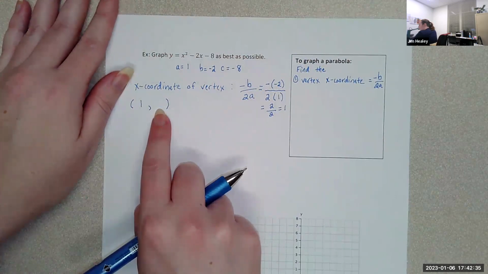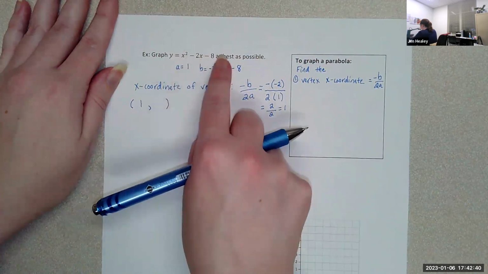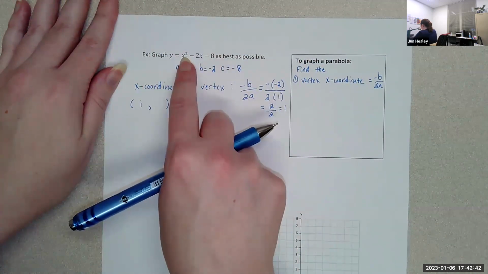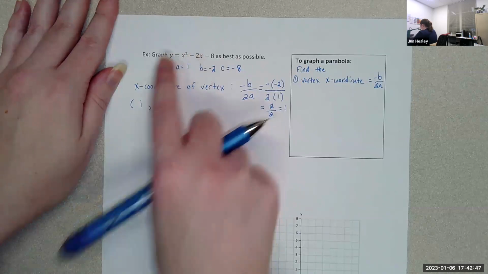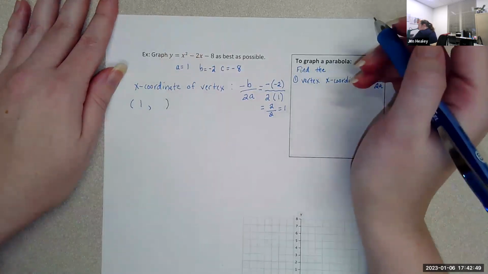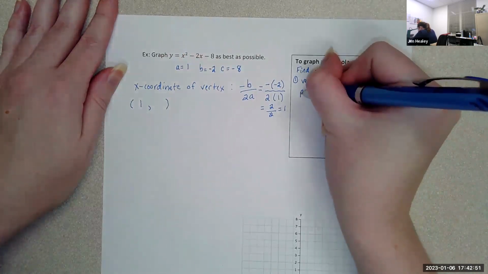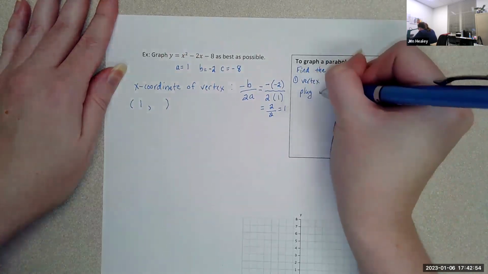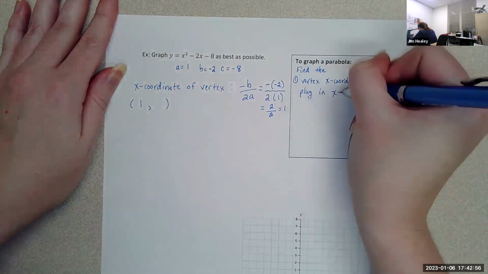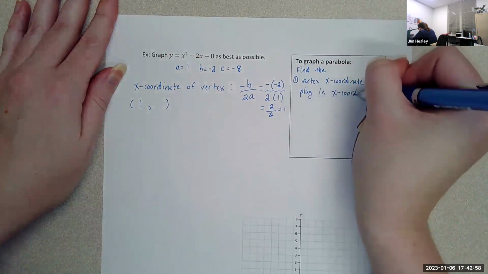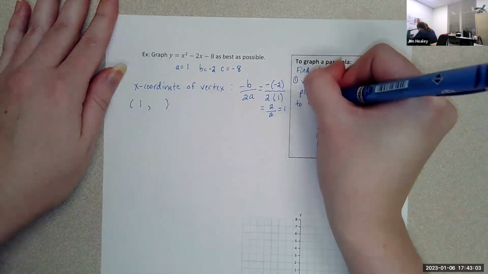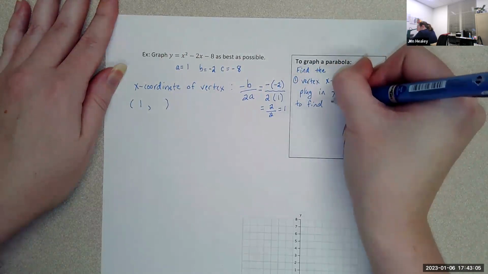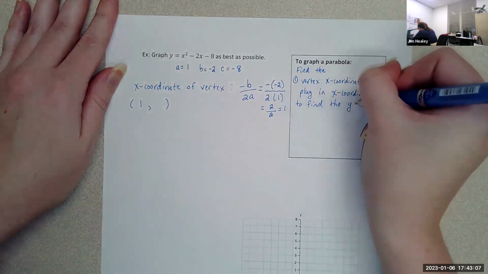And so the way that we do that is we plug the x coordinate back into our equation for the parabola. So we're going to plug in our x value right here and our x value right here into the equation, and we're going to see what pops out for that y. So the next thing we're going to do is plug in the x coordinate to find the y coordinate.